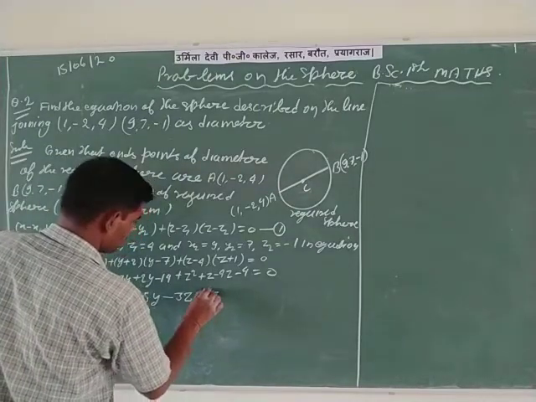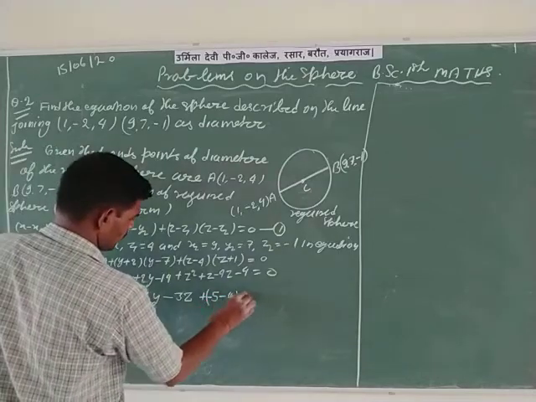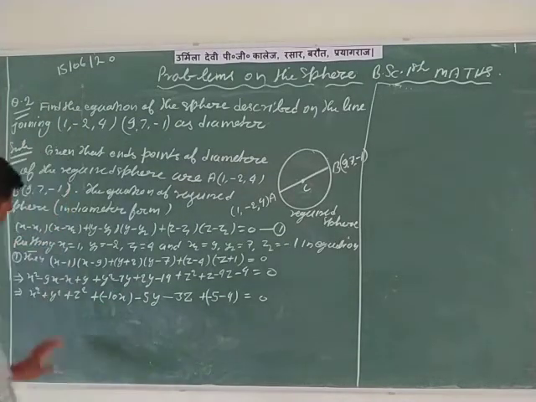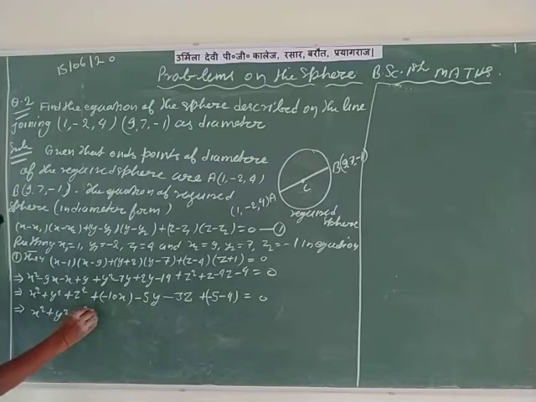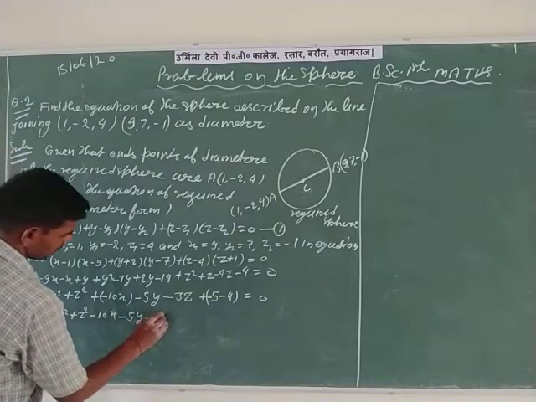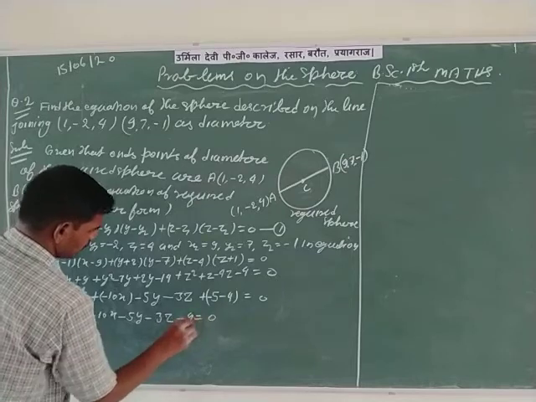Minus 5 minus 4 is equal to 0. 9 minus 14 is equal to minus 5 and minus 4. So after simplification, it is written in the form x square plus y square plus z square minus 10x minus 5y minus 3z and minus 9 is equal to 0.